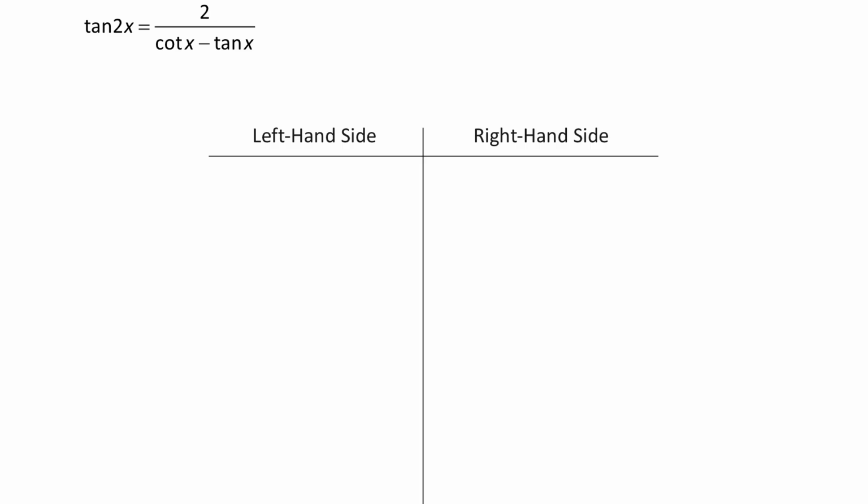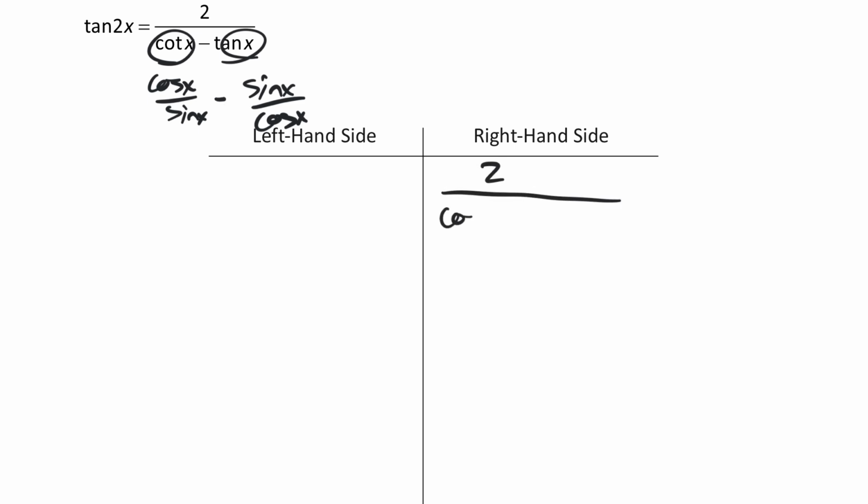So, let's see what we can do. Well, we could write that cotan as cos over sine. And the tan we could write as sine over cos. This is the method of converting everything into cosines and sines. So maybe let's try that. So we have 2 over cos x over sine x minus sine x over cos x.